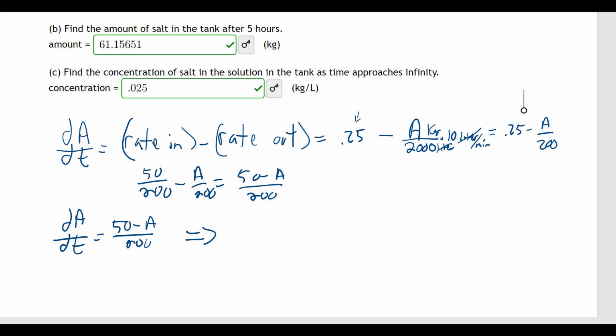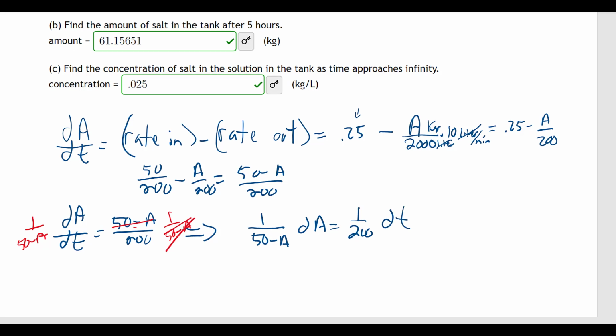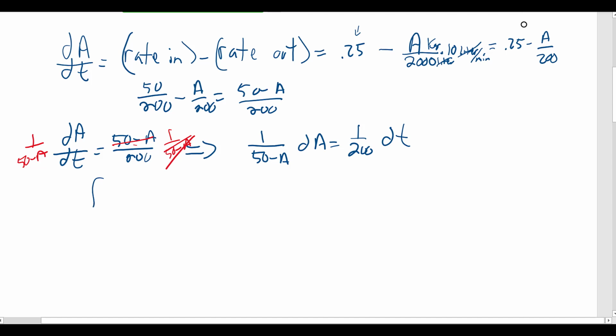I can separate that by multiplying both sides by 1 over 50 minus A. Then that cancels, and we have 1 over 50 minus A dA equals 1 over 200 dt, and we look at the integral.